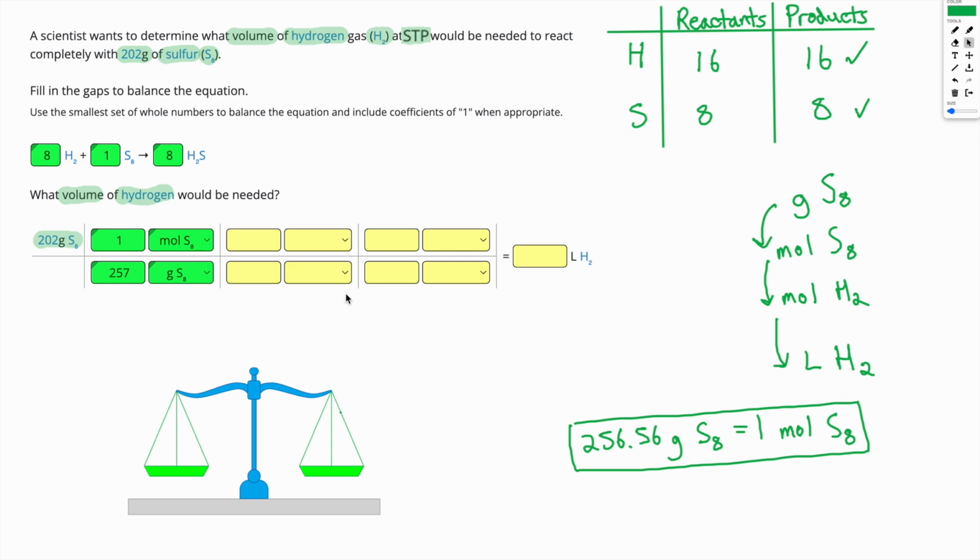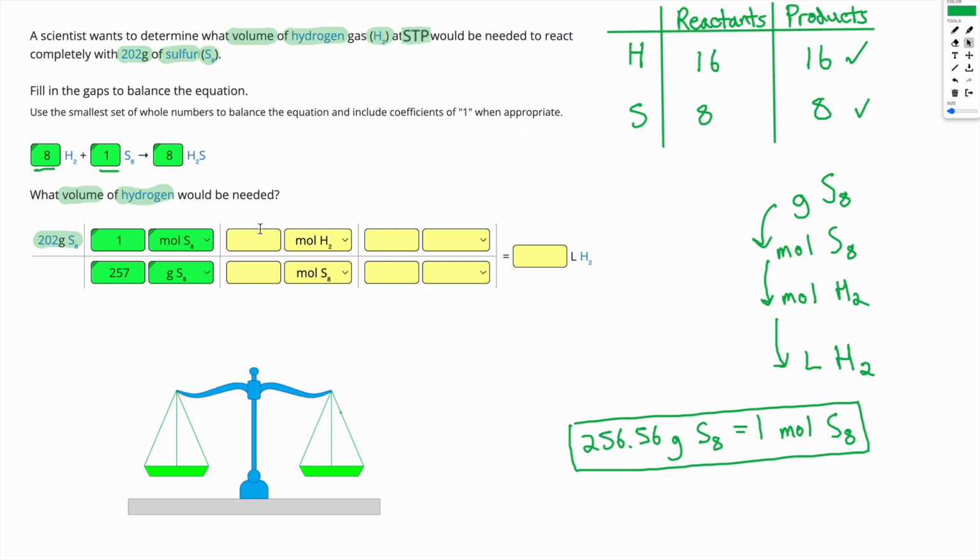Our next step is going to be converting from moles of S8 to moles of H2. So let's go ahead and fill in our units in our dimensional analysis table. Moles of S8 are on the bottom because we want that to cancel out. And we want to end up with moles of H2. Now we can have a look in our equation. Here's H2 and here's S8. We need 8 moles of H2 for every 1 mole of S8.